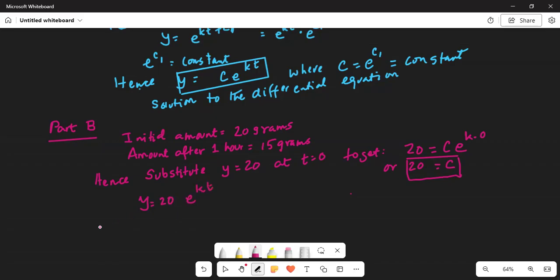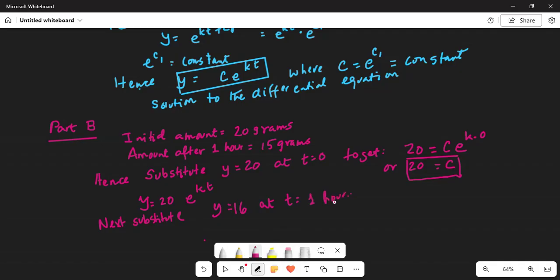Okay. So next, substitute y is equal to 16 at t is equal to 1 hour.